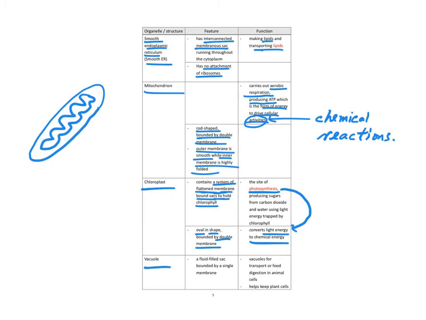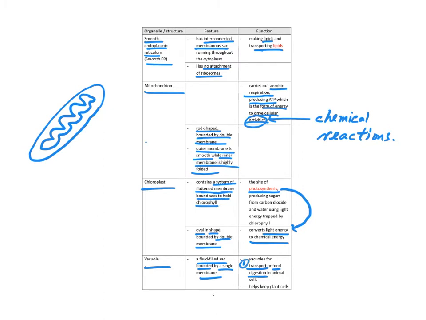Vacuole has the feature of a fluid-filled sac bounded by only one single membrane, unlike the chloroplast, mitochondria and nucleus having double membranes. Vacuole has a single membrane only. Its function is for transport or food digestion.